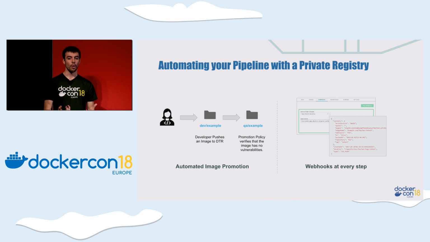And you can start to automate all of this through your pipeline. So for example, you just saw me build a container image. It had no vulnerabilities. My pipeline could end there. If it was clean and had no vulnerabilities, I can automatically move it through to a testing phase, start off testing jobs, and have webhooks at every level. I can start to build out a full end-to-end pipeline using the security checks inside.